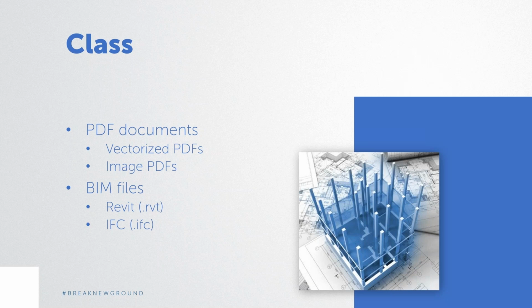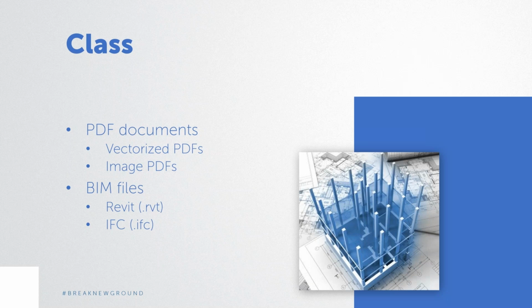When you think of PDF files, not all PDF files are equivalent. I tend to see, especially in my region, a surveyor working out of a PDF document generated by a construction company or a government agency. Some PDF files might be vectorized, which means they were produced by, let's say, AutoCAD or Revit, and they have information, layers and things like that.